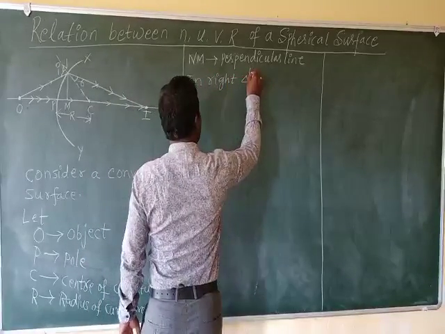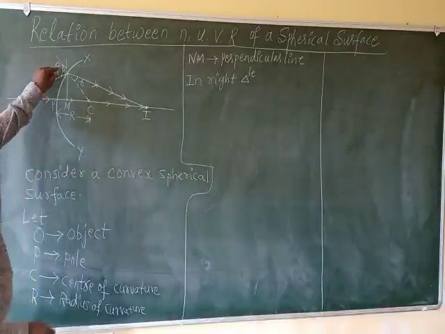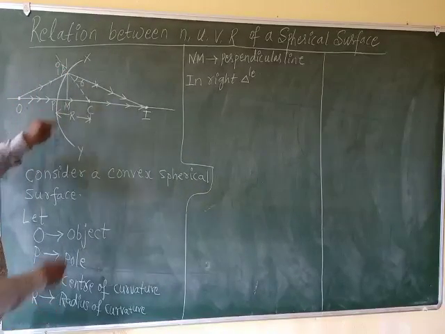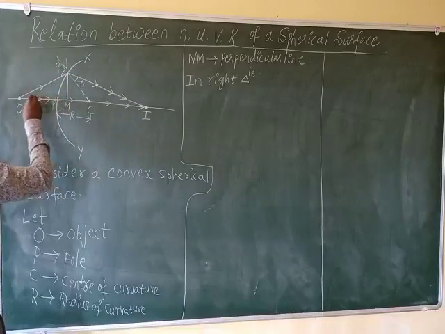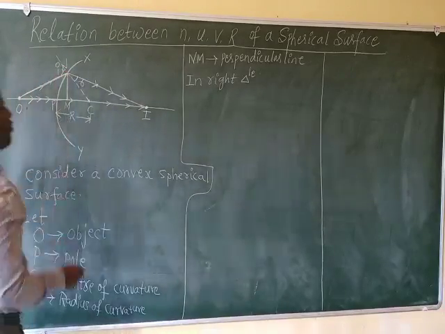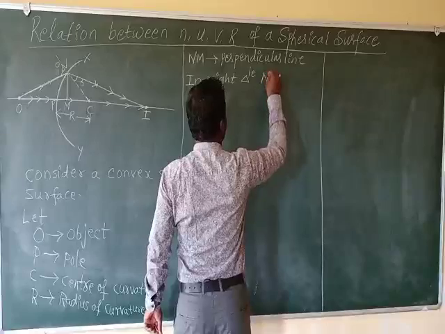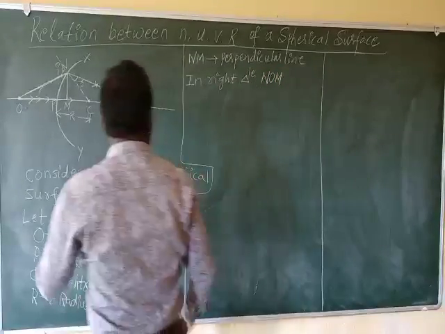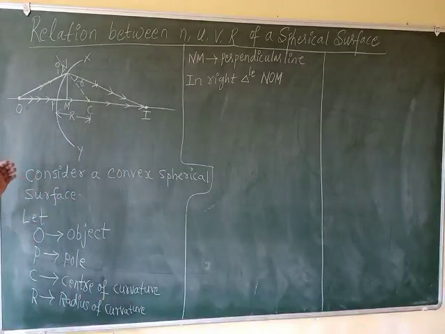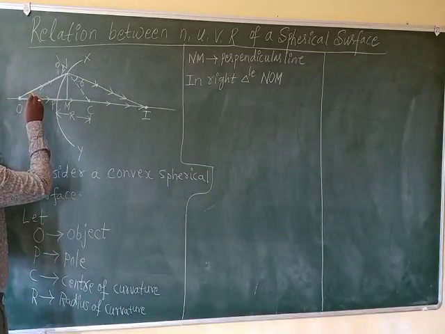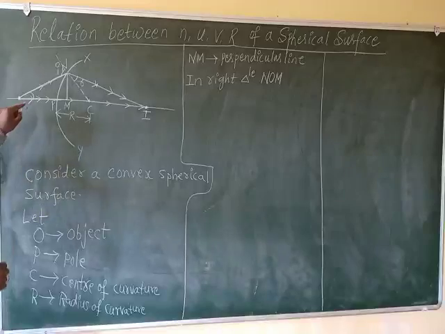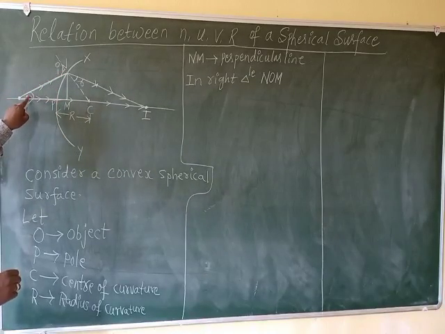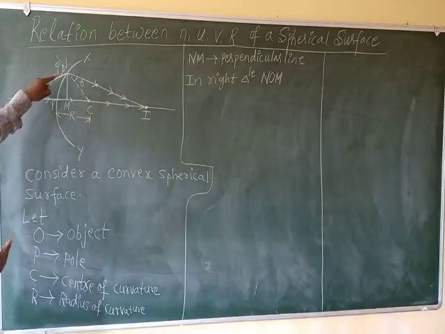In the right triangle NOM, we define tan of angle NOM.